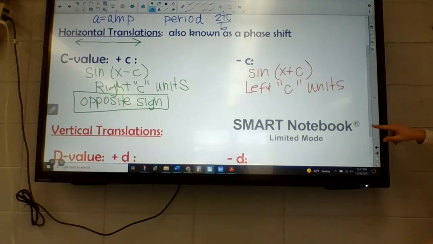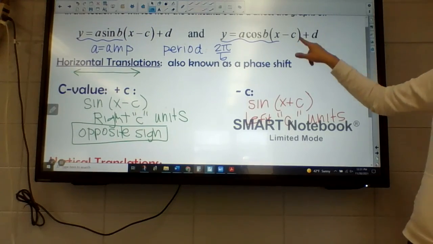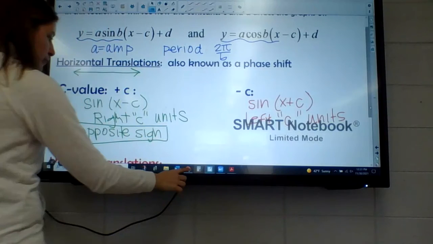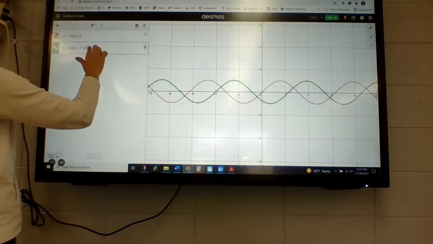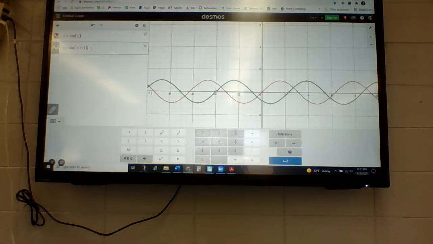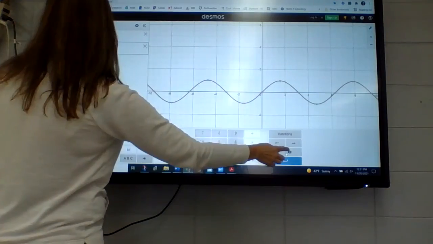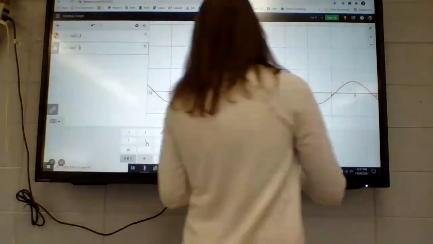Okay? The next one I want you to look at is what if the number is outside the parentheses? So we're going to change this up a little bit. If you still have your decimals handy, if you don't, it's okay. But this time, rather than inside the parentheses, we're going to put it outside. So we're going to close the parentheses first. Whoops, I need an x in there on mine.